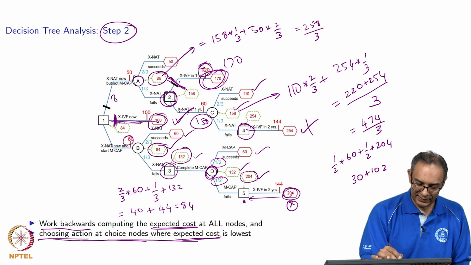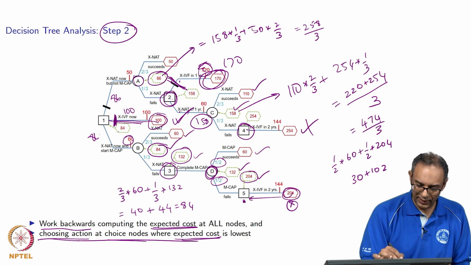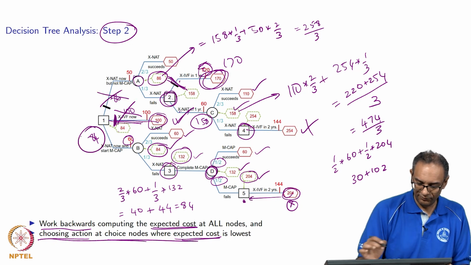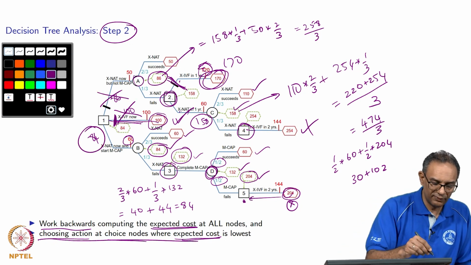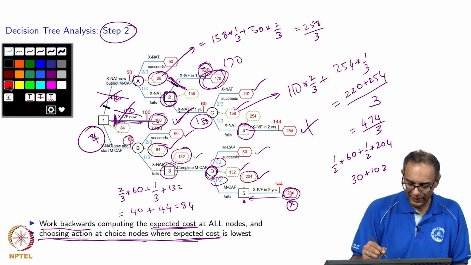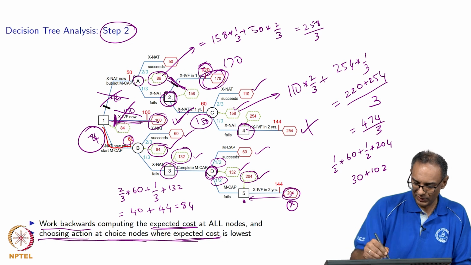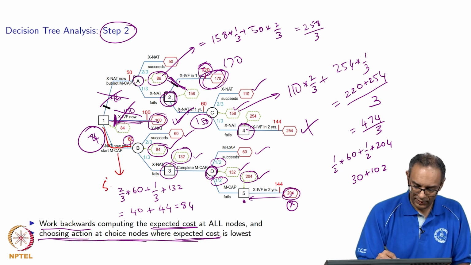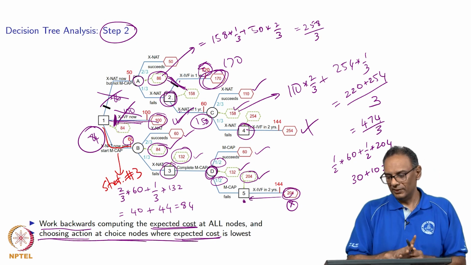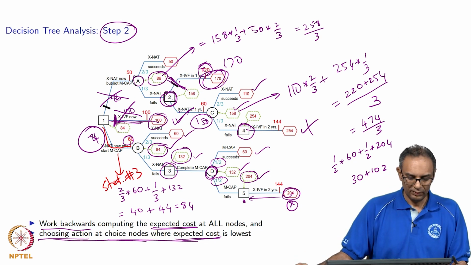So, between 86, 100 and 84, clearly 84 is better. So, this is gone, giving us 84, and I am going to use a different color to tell you that therefore, your best choice is to do this one, which is our strategy number 3. Okay. So, that is essentially what we are trying to do here. Okay. Thank you.